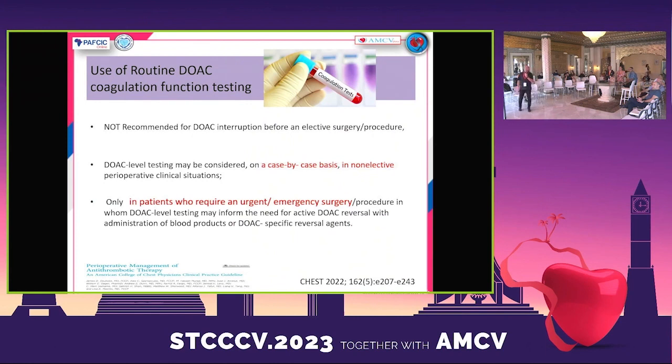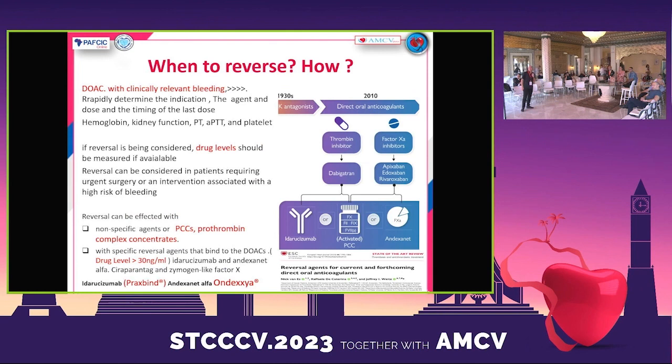Do we need routine DOAC coagulation function tests? No, it's only for urgent or emergency surgery because it will inform us about how to reverse the treatment. How to reverse the treatment?